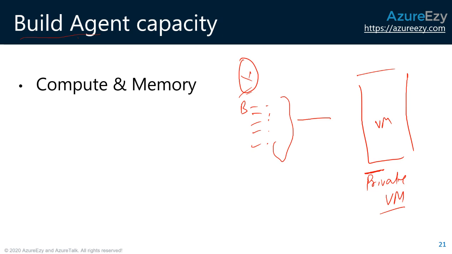If you have spun up a small size VM, and your build requires a larger VM with more CPU and more memory, then your build will either start failing, or it may not finish in the expected time. And vice versa as well.